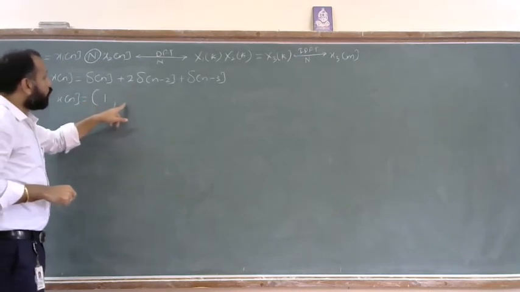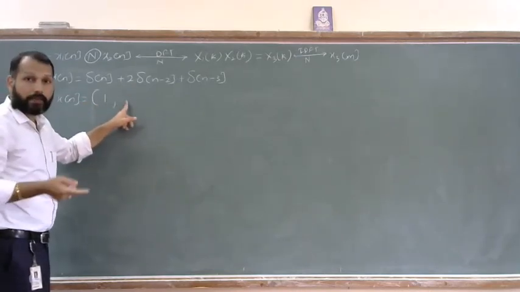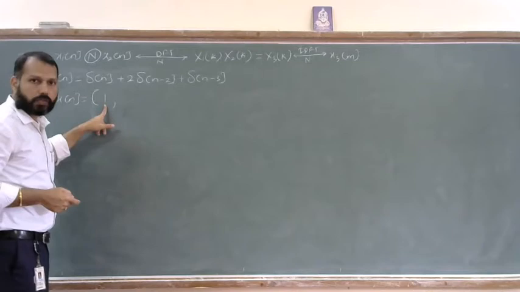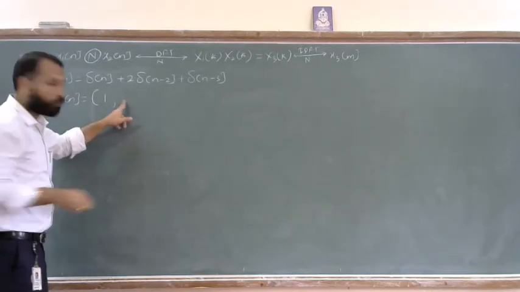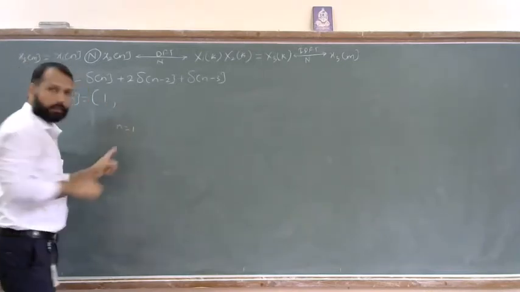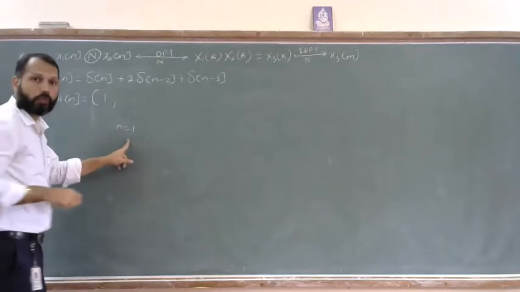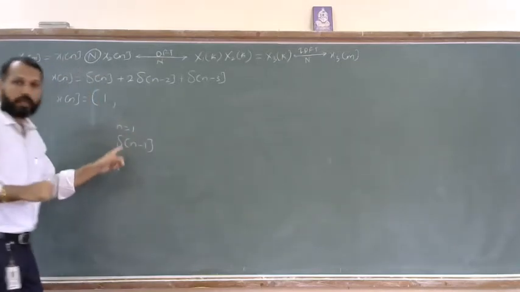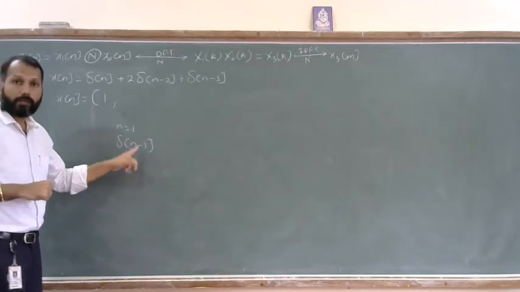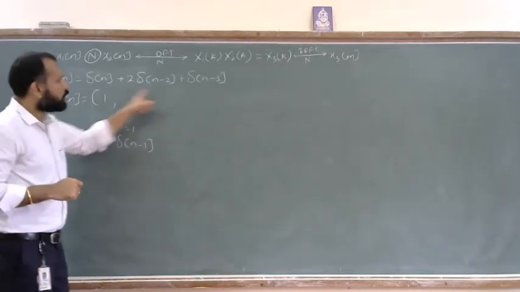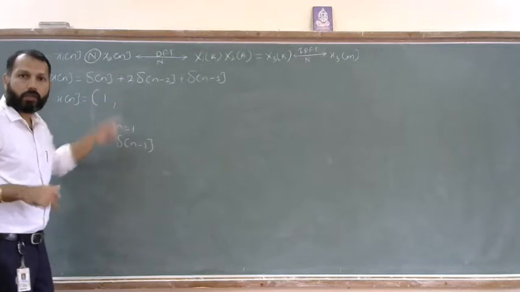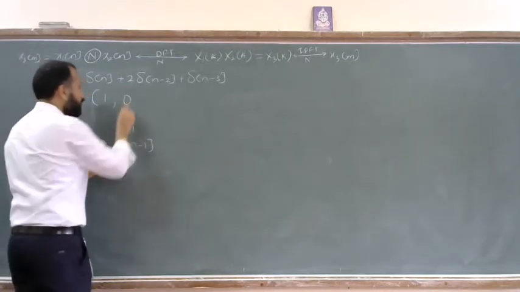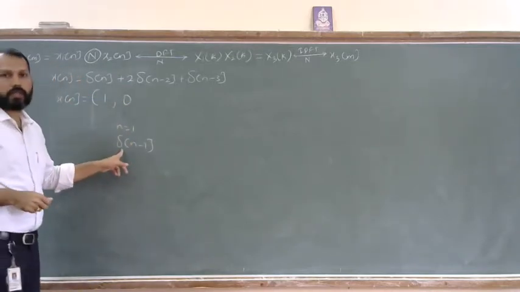Next, if this is present at n equals 0, next sample has to be present at n equals 1. For n equals 1, impulse has to be shifted by one sample, giving us delta n minus 1. But this delta n minus 1 is not present in this series. So, because it is absent, it means the amplitude is 0.